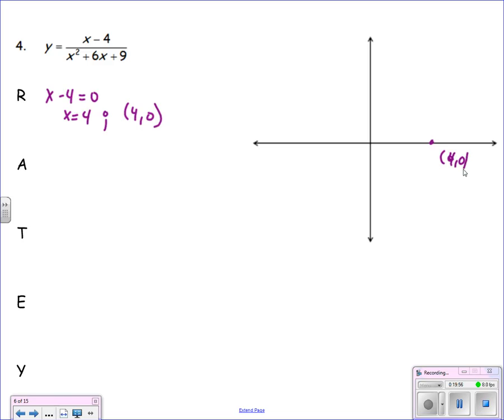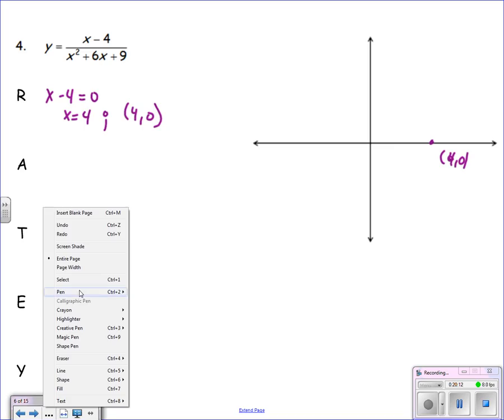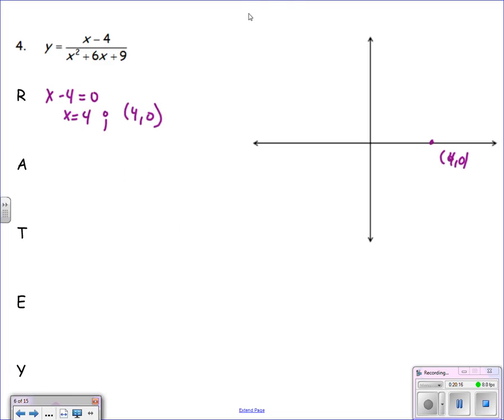A is for your vertical asymptotes. So in this case, we would have to either A, use the quadratic formula, or B, factor it. I'm going to choose B, factoring. It's a trinomial, so that means I can use the X method.